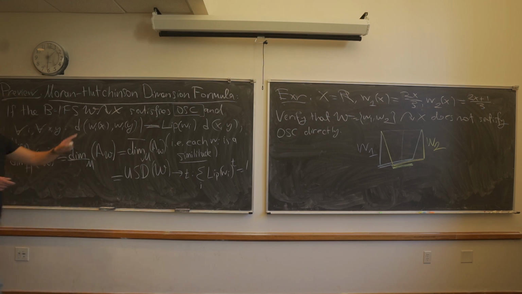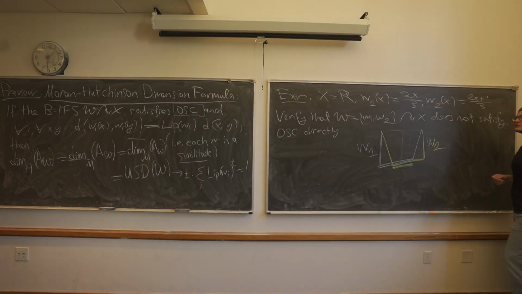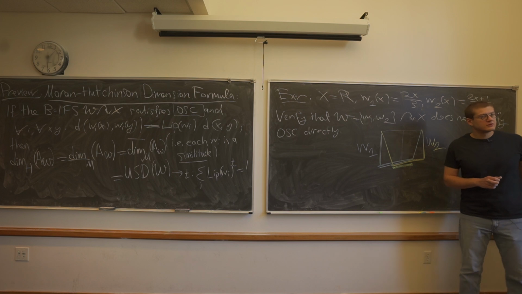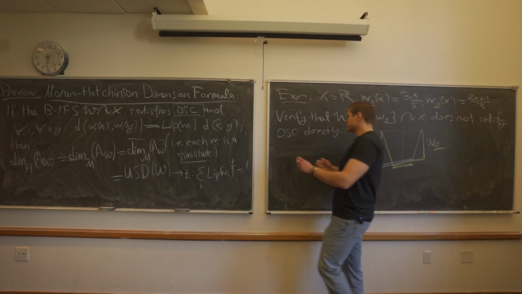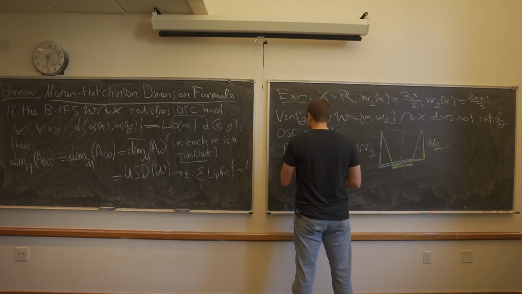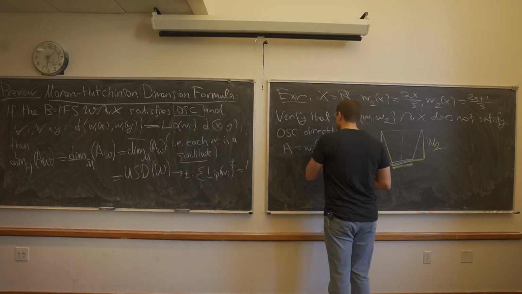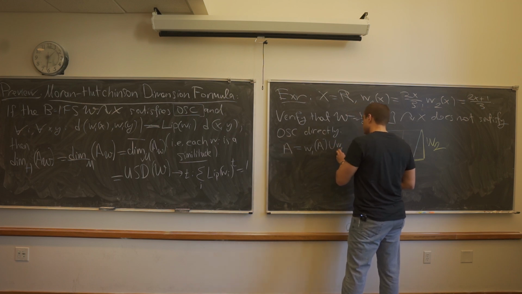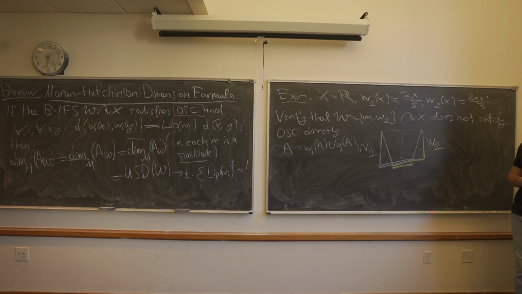Okay? Now, in this case, what is the attractor of this B-IFS? Well, the attractor should satisfy this equation, and in fact, it's the unique compact subset that satisfies it.